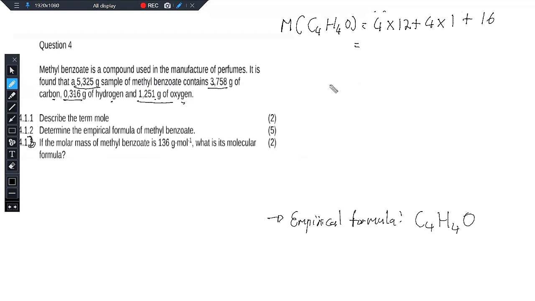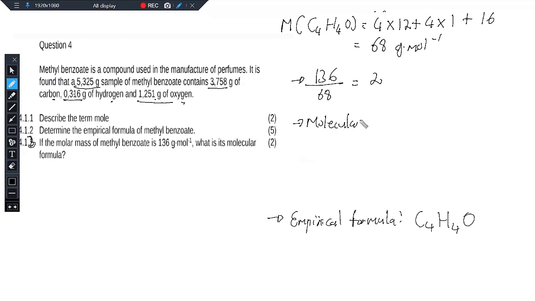So when we punch all of that into our calculator, we get 68 grams per mole. So what we are trying to do here is find the number that we should multiply with. So the multiplier, so it's 136 divided by the 68, and then we get 2, right? So the 2 here, we are supposed to multiply the empirical formula with in order to get the molecular formula.